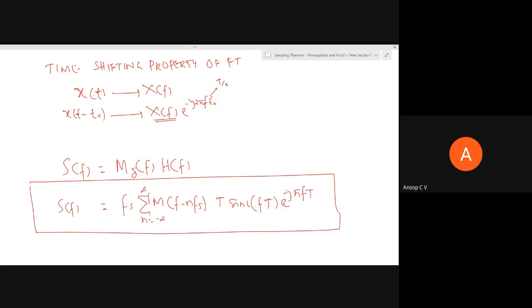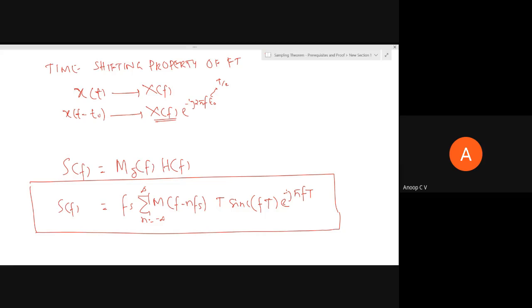Before I wind up, we have seen what pulse amplitude modulation is, and we have differentiated pulse amplitude modulation from the natural sampling process. Intuitively we came up with a mathematical model of pulse amplitude modulation.